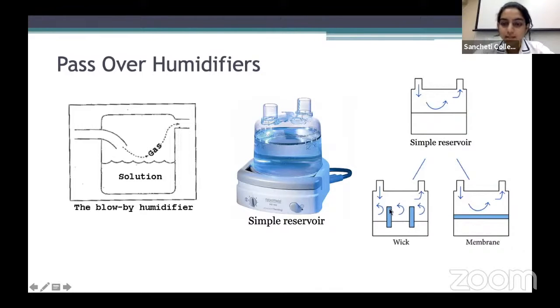In the wick, we have absorbent materials which draw the water up and increase the surface area available for the gas to pick up moisture from. The membrane has a very similar function. With the help of the membrane, it picks up the water and makes more surface area available for humidification.